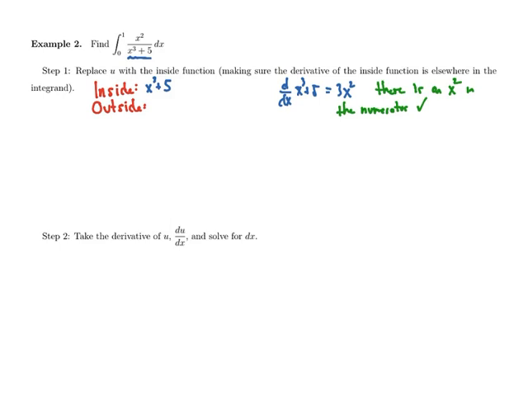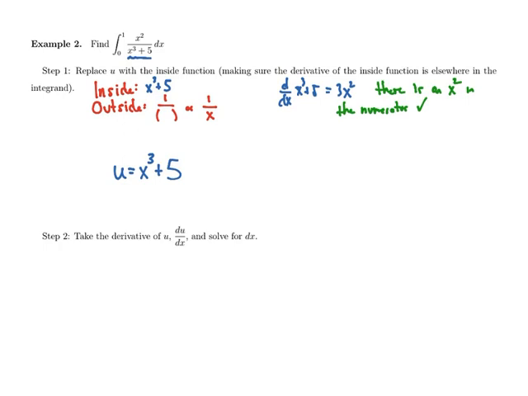What function is x cubed plus 5 inside of? That is going to be inside of 1 over something, or we can write that as 1 over x. So at this point, we should already have some checks. Maybe we should finish this step real quick. Here we know that u is going to be our inside function, x cubed plus 5.